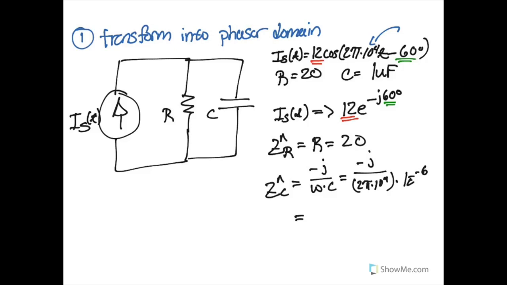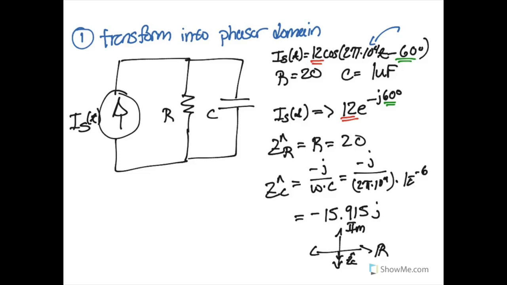The result that we get in Cartesian format is negative 15.915j. If we were to draw that out quickly on a number line, with the real components here and the imaginary components here, our Zc would just be down here in the negative portion of the complex line.